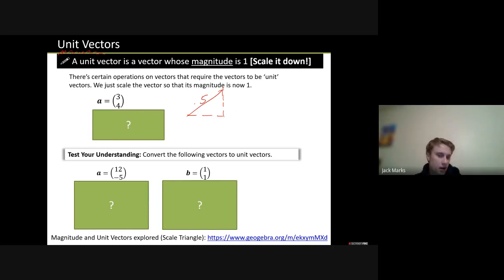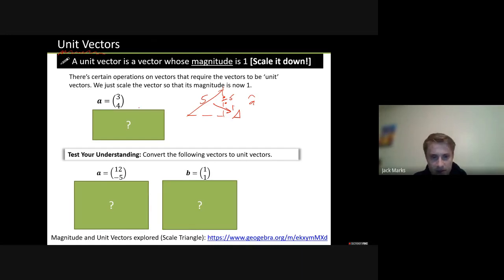Well, my magnitude is 5. We know that because we just saw that in the last slide. I would like a unit vector, which is normally shown like this, and has a magnitude of 1. So what would you need to do to my triangle such that that magnitude of 5 became a magnitude of 1? Well, you would need to shrink it down. You'd have to scale it by a fifth, or divide by 5.